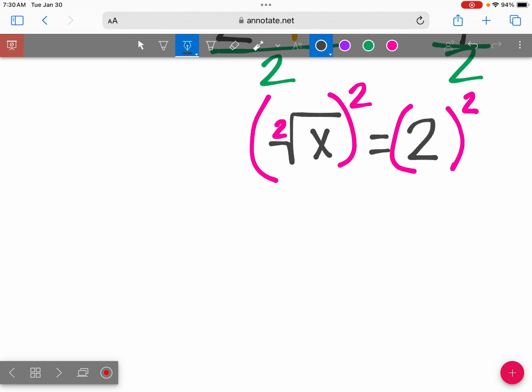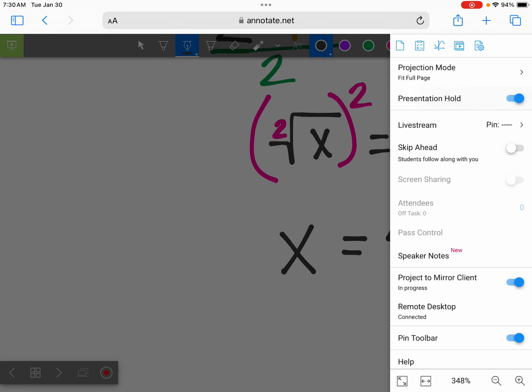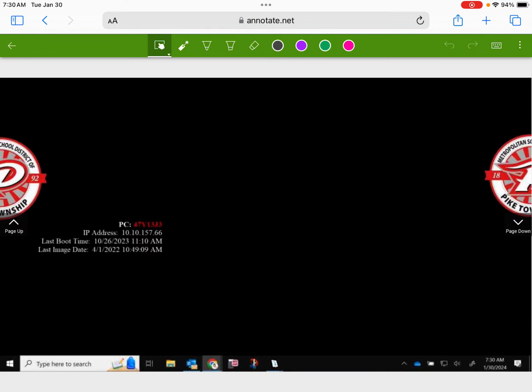So we wind up with x equals 4. Nope, that's not what I meant. There we go.